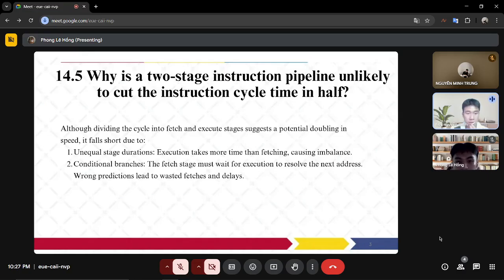Unequal stage duration. Execution takes more time than fetching, causing inefficiency. 2. Conditional branch. The fetch stage must wait for execution to resolve the next address, and wrong prediction leads to wrong fetches and delays.